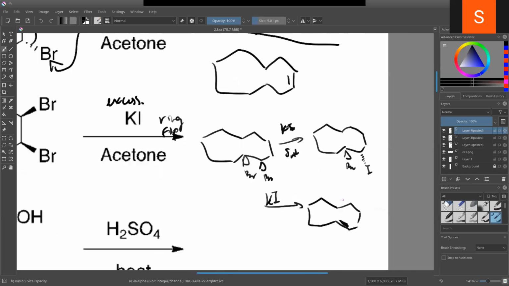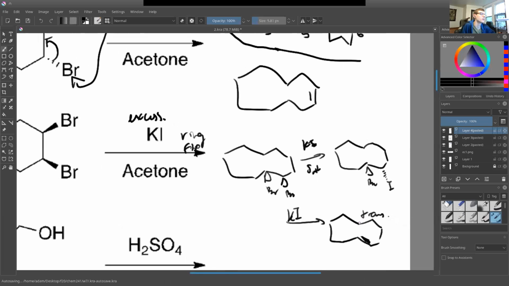How do you know that with the ring flip you'll be able to do a substitution reaction? You could do the ring flip or the SN2 in either order. You could swap the order of these two and it wouldn't make a difference.